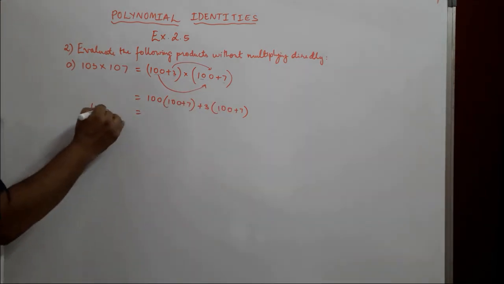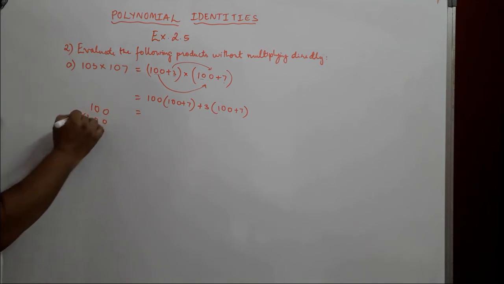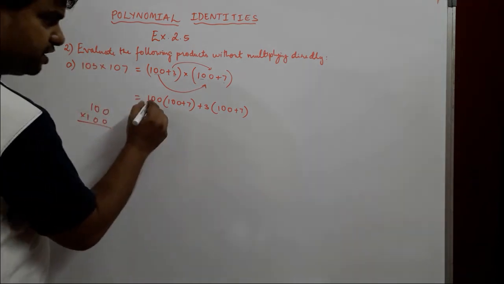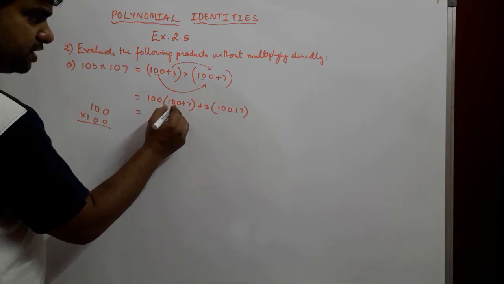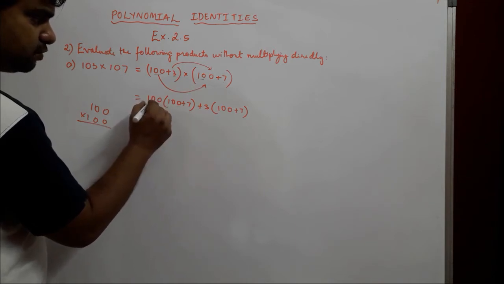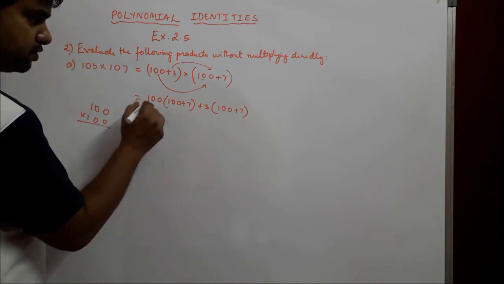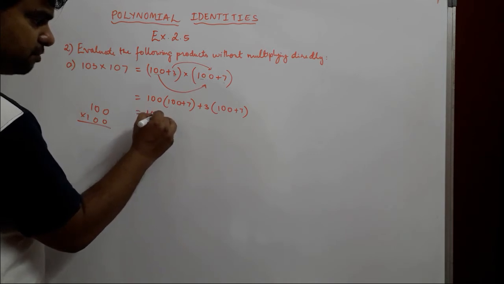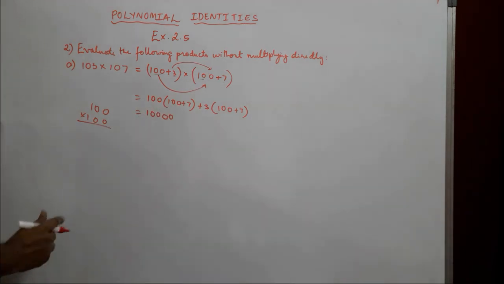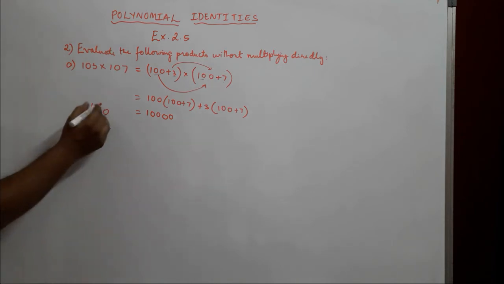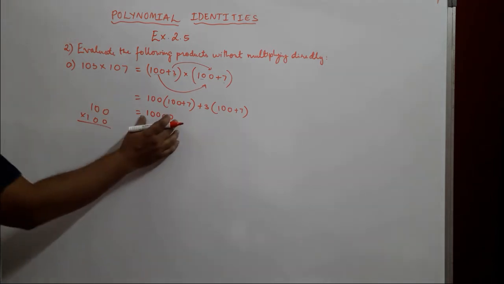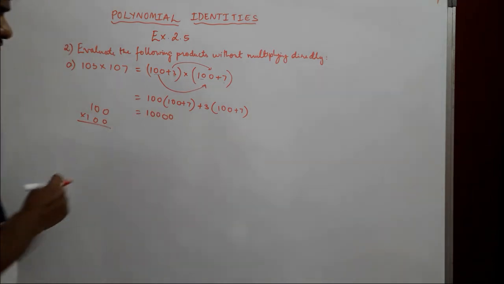Whenever you have 100 into 100, just add the zeros: 1, 2, 3, 4. Make sure that 4 zeros come after 1, and that is the answer, 10,000. 100 into 100 is 10,000. You can find out by doing the long multiplication and checking whether the answer comes this or not.